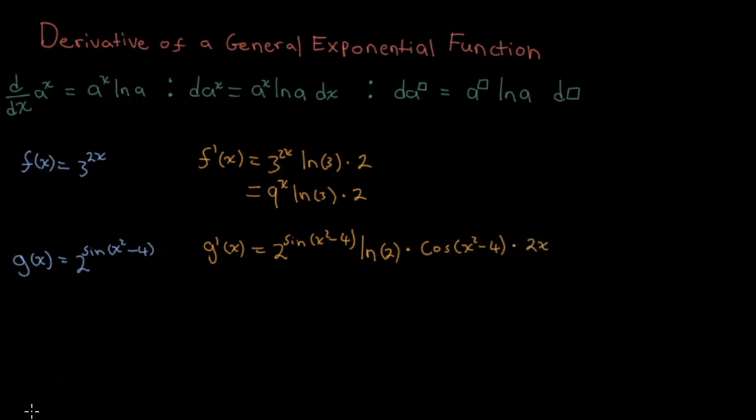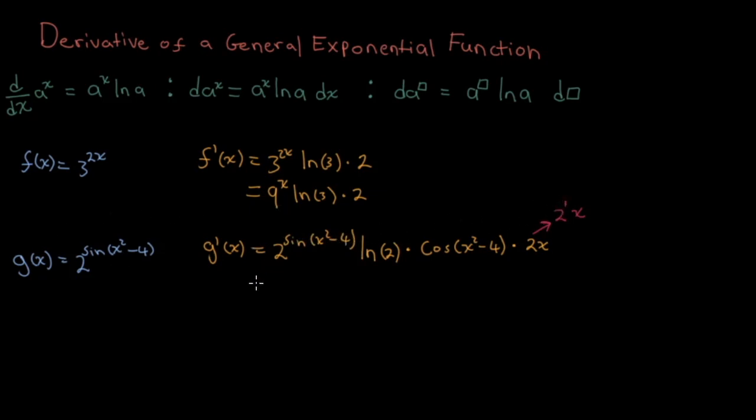Now we can go ahead and simplify this further, but I just want to point out one thing here. We notice how we have a base 2 here, and then we have a 2 here as well. You can write this number as 2 to the power of 1, times x. So when we go to simplify it, we can simply add up these two exponents. It'll be sine of x squared minus 4, plus 1.